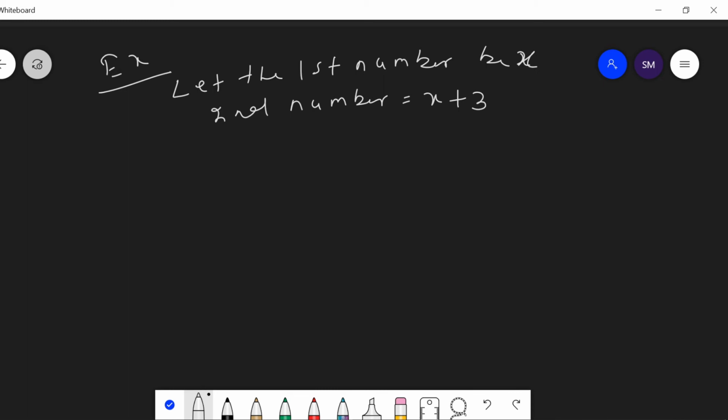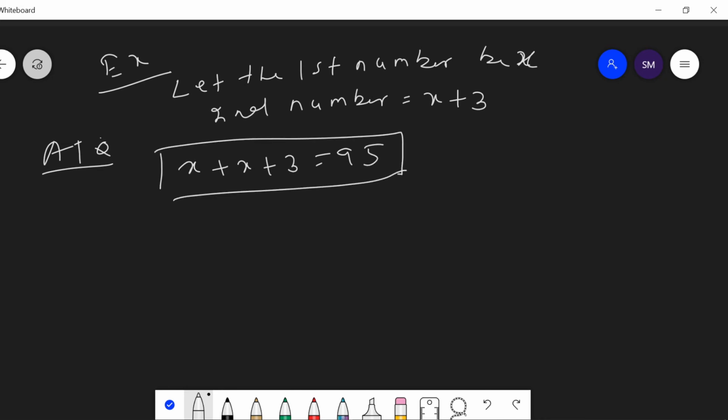And according to the question, another condition is given: the sum of the two numbers is 95. This means x plus x plus 3 is equal to 95. This is the linear equation of the given question. Then when we solve this and find the value of x, this is the answer of the question.